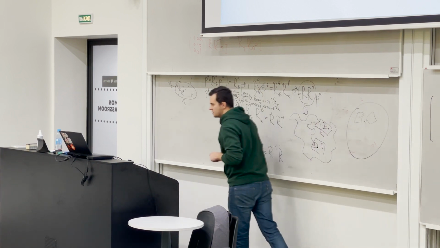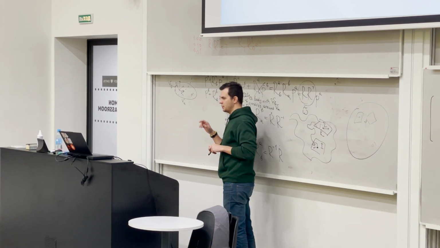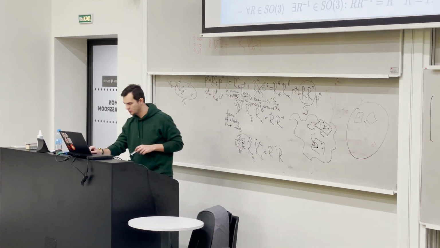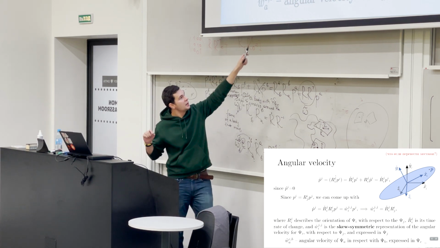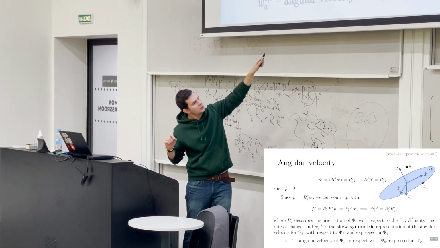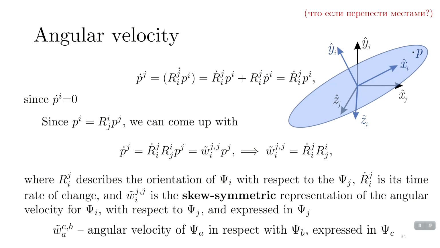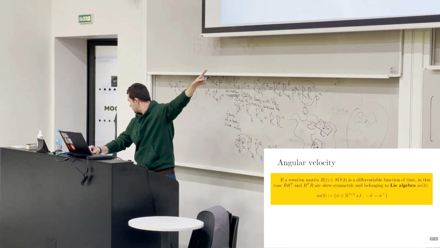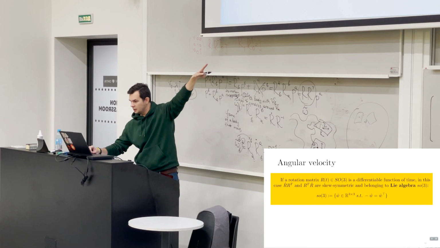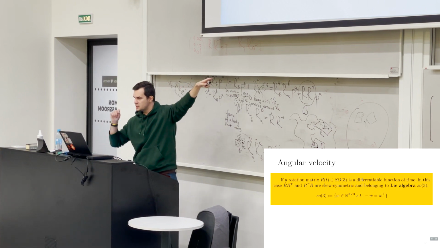It's called SO3, but not in capital letters, but with small letters. So here I just wrote you that ABC means angular velocity of A with respect to B expressed in C. So the result is called Lie algebra, and it is denoted with the small so.